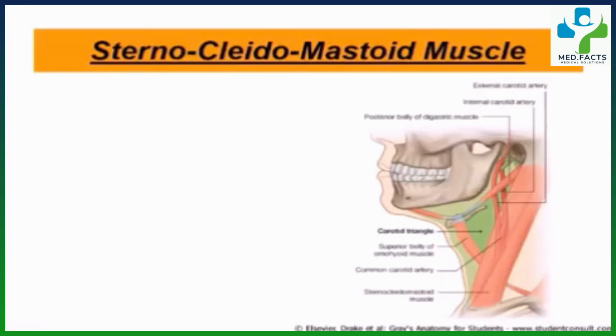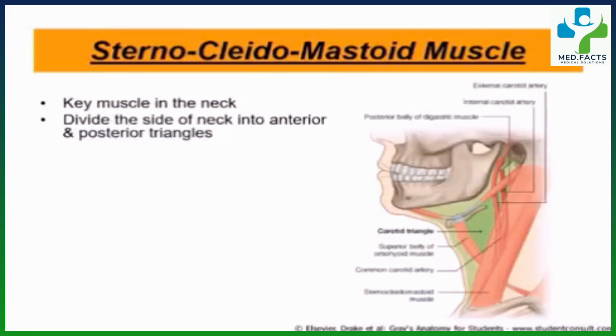Now we have to also study a very important muscle, which is called the sternocleidomastoid muscle. This is a very important muscle which is present in the neck. It is said to be the key muscle of the neck because it helps in all the movements of the neck. And this muscle is important because it will divide the whole of the neck into two parts.